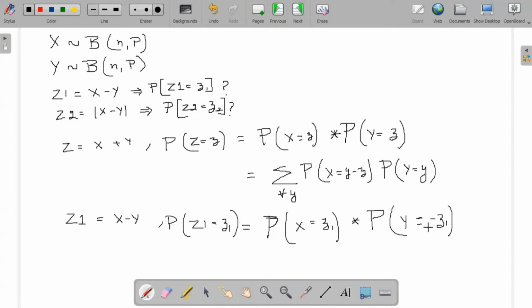We take the negative of the sample. So this is how we will calculate the PMF of Z1.